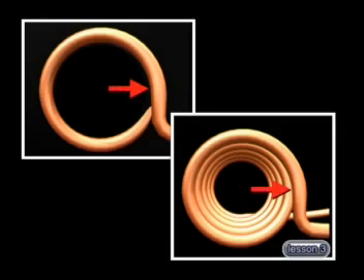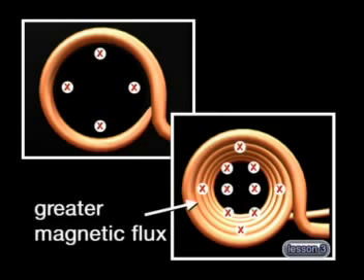Remember, we used the term magnetic flux to describe the relationship between the magnetic field and the cross-sectional area through which the field line passes. In both loops, the area on the inside of the coil is the same, but there are more field lines passing out of this solenoid which has more coils in it. So the magnetic flux must be greater here.